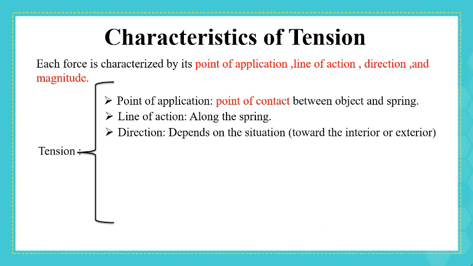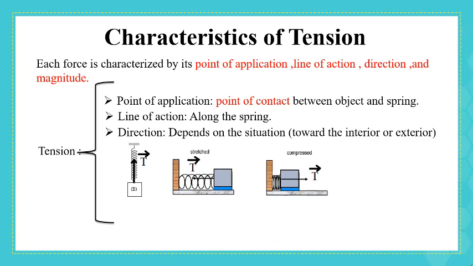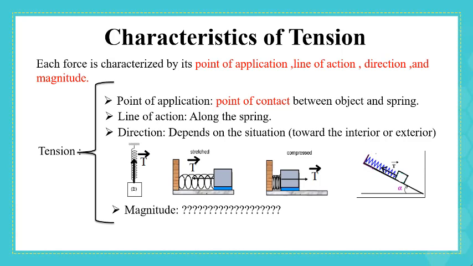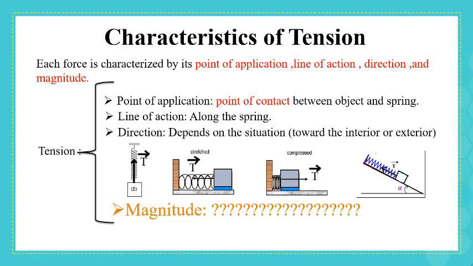Direction depends on the situation, toward the interior or exterior, like that shown in these cases. Magnitude. What about the magnitude? In this video, we are going to learn how to determine the magnitude of the tension force.